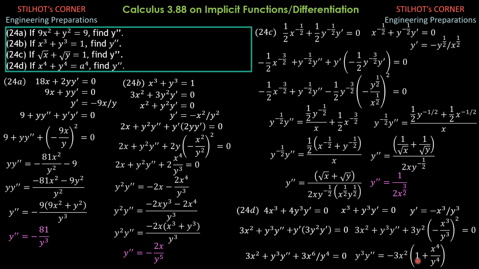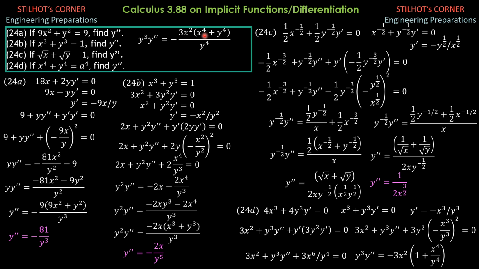So, algebra, instead of y to the 4th plus x to the 4th, I write this as x to the 4th plus y to the 4th over y to the 4th. So y cubed y double prime equals negative 3x squared times quantity x to the 4th plus y to the 4th over y to the 4th.